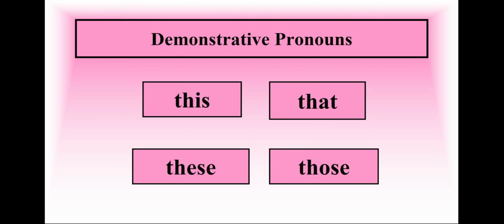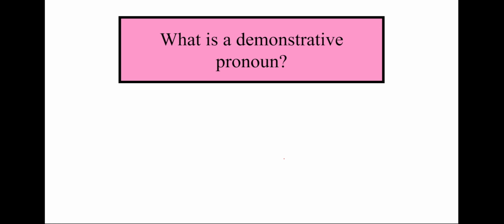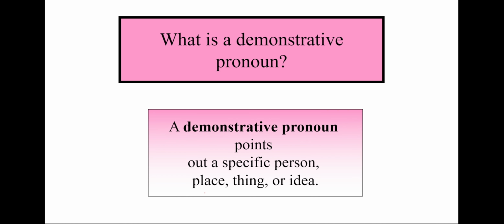And what is a demonstrative pronoun? I know that is a question most of you will be asking. A demonstrative pronoun points out a specific person, place, thing, or idea.